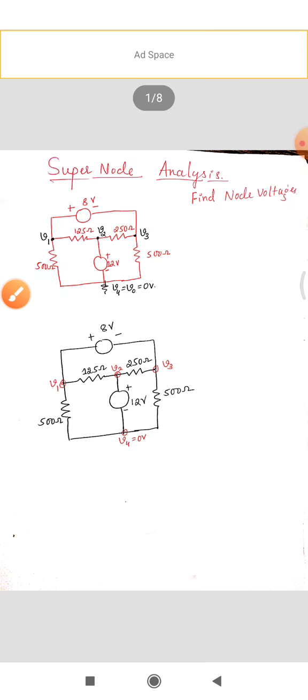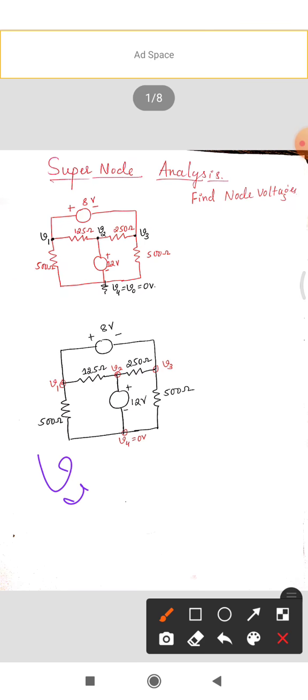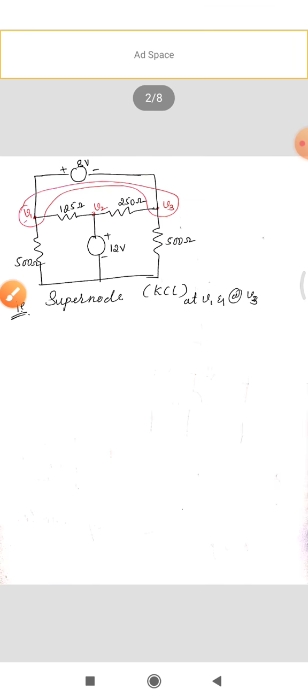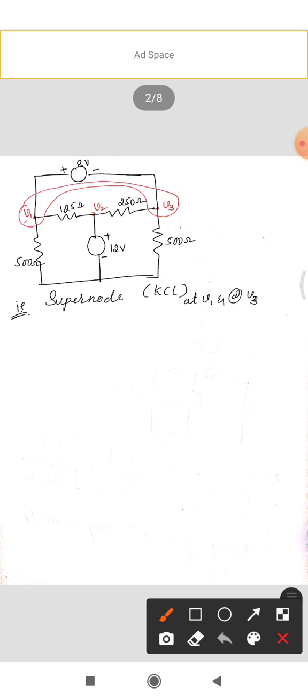So now we have got V2 equal to 12 volts, and then we have to apply KCL to the super node, that is V1 and V3. Let's apply KCL for that.